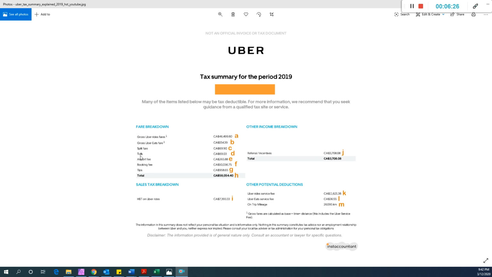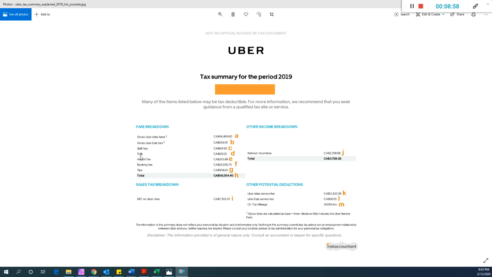Booking fee. The concept is that Uber says to the driver that since it is bringing you orders or work, for each order that it gives you, when a rider requests a ride in their app, it goes to Uber, and then Uber sends that ride to a driver, and the driver accepts it.